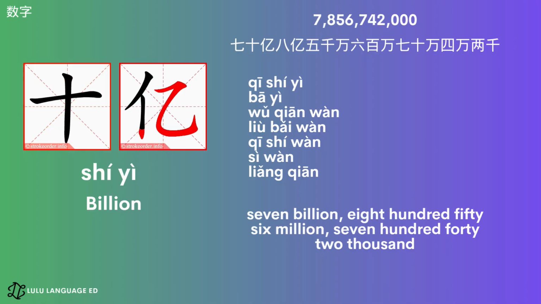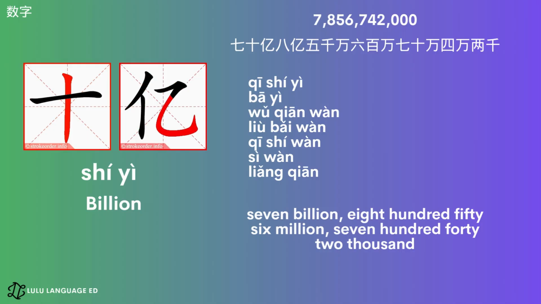Let's try to put this into an example. Let's say 7,856,742,000. So first think that there are 7 billions or 7 pieces of billions. So 7 十亿.